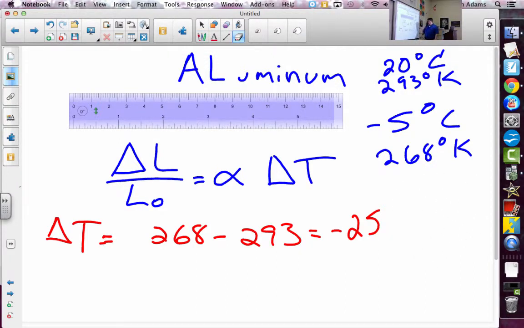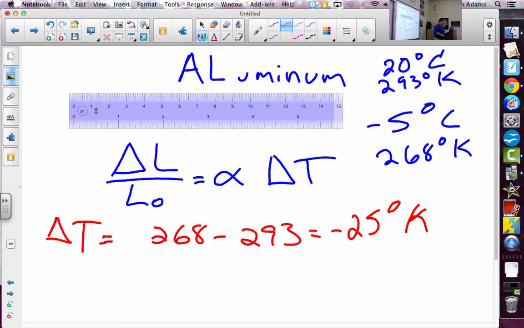If I left that in Celsius and I'm calculating delta T, what would the difference be? You go from 20 to negative 5. Same thing. That doesn't work for Fahrenheit though. It only works for Celsius.